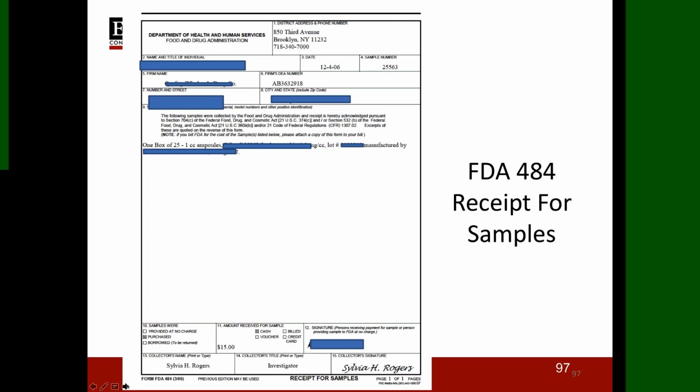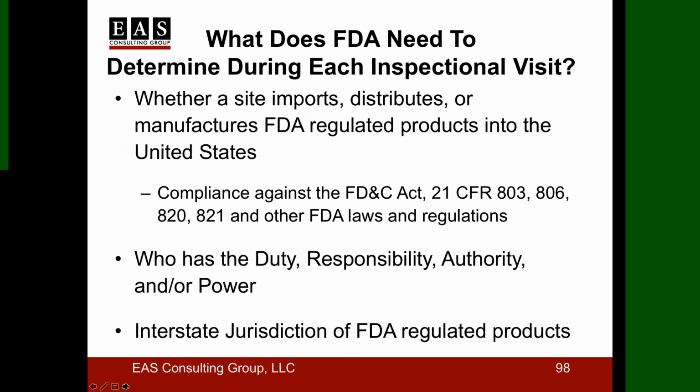If FDA does collect samples, they're going to issue a 44 form called receipt for samples. And this is what that looks like. Again, FDA is going to look at, are you complying with the various laws? So I mentioned a couple there, 803, 806, 820, 821. They're also going to see who has the duty, responsibility, authority, and power.